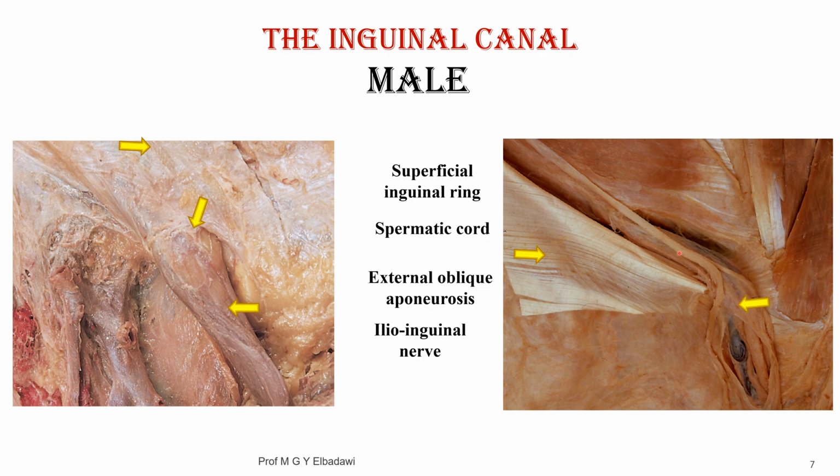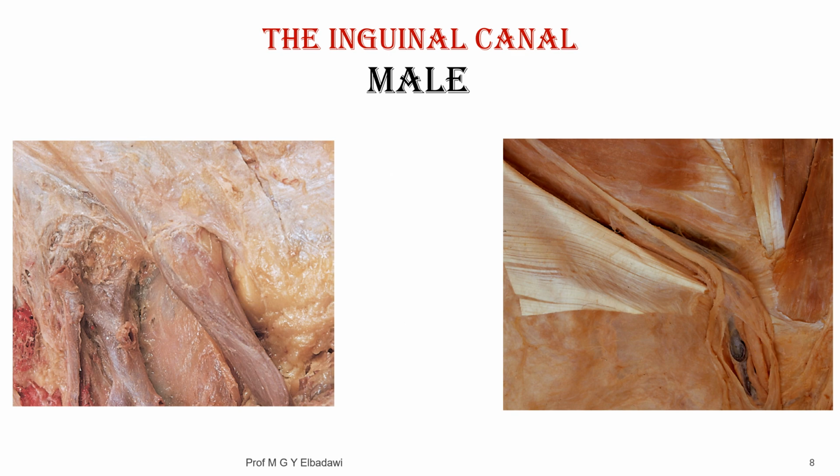You can see within the contents of the canal the ilioinguinal nerve here, and the ductus deferens or vas deferens within the spermatic cord going down to the scrotum.